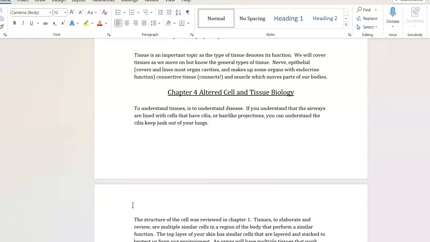Now, the prime example that everybody teaches in anatomy and physiology about the structure of cells is pseudostratified ciliated columnar. Pseudostratified means it looks falsely layered. Columnar means they are column shaped, and they have cilia on the top. Everybody remembers that. And the cilia help to keep the junk out of the lungs.